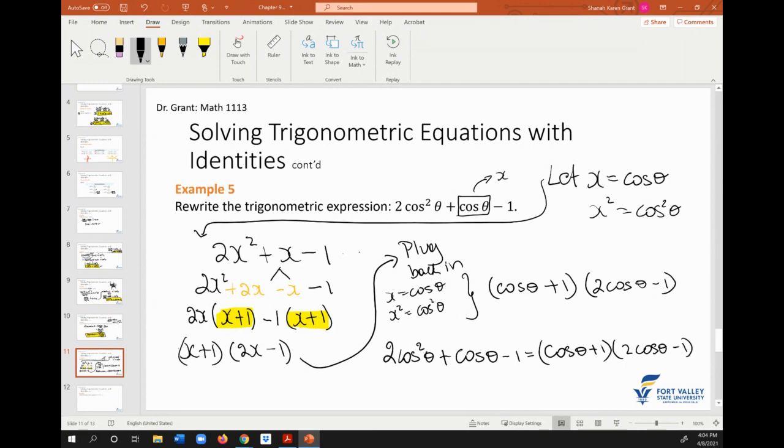So once you write this out, this is what you should get. You could go further if you're asked to find theta, but we'll stop here because all they said was to rewrite.